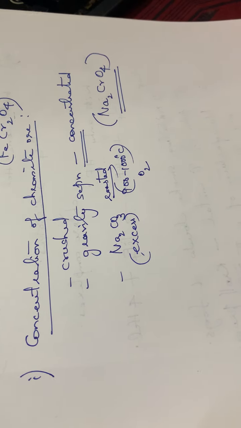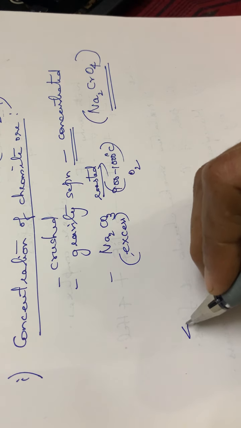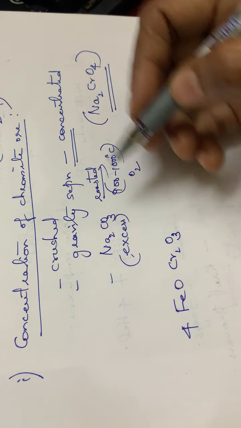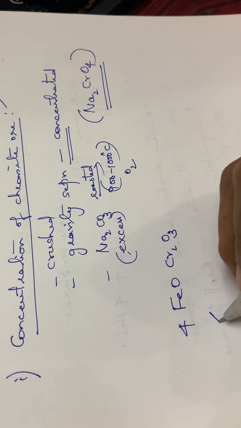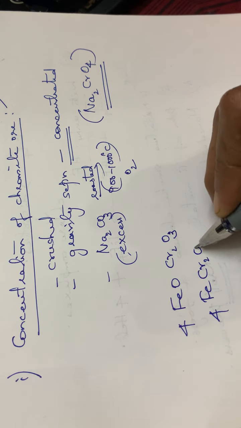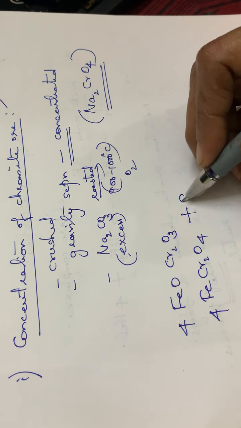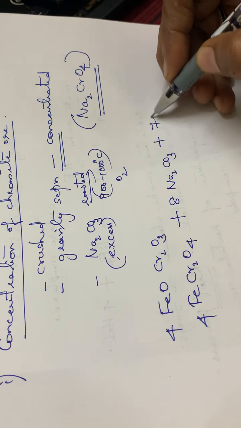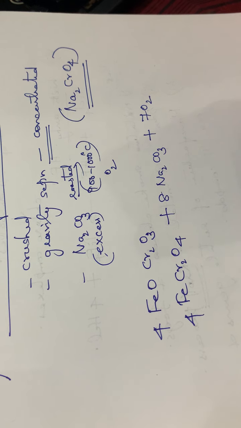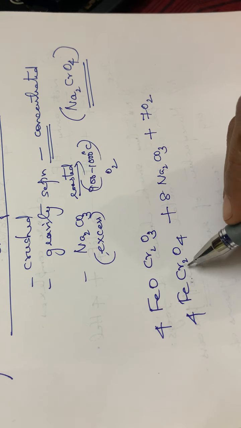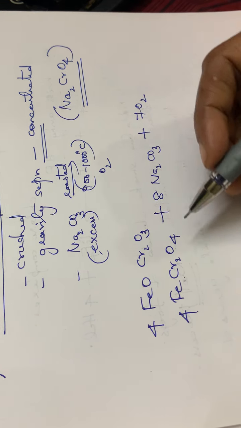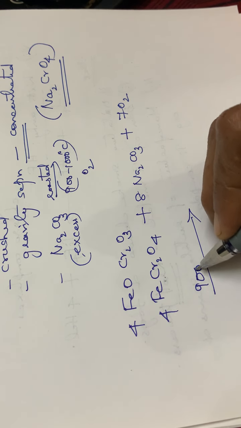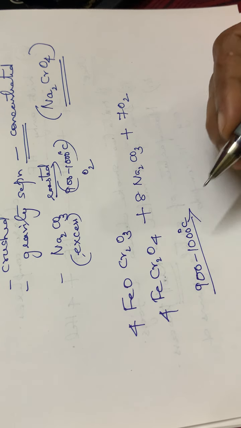Let us write down the reaction: 4FeOCr2O3, or we can write it as 4FeCr2O4, plus 8Na2CO3 plus 7O2, in a reverberatory furnace at a temperature of 900 to 1000 degree Celsius.